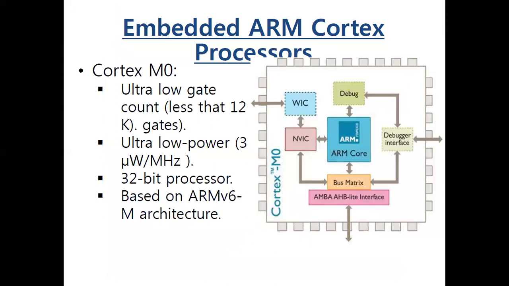So if you say this is an embedded ARM Cortex processor, we can see four sides. It is a square type. We have the ARM core inside. Okay, so if you see the basic, it is a 32-bit processor. It uses only ultra low power.